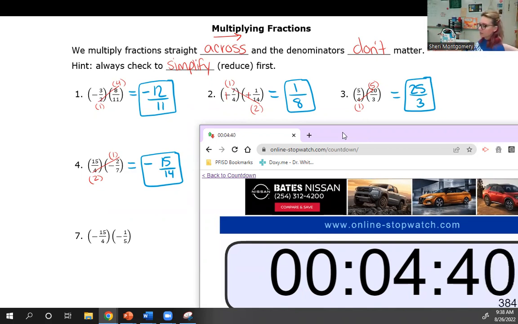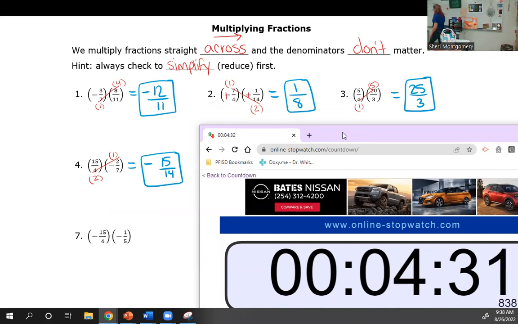Another thing you can do is just multiply straight across and then simplify at the end. That works too. One thing that you can do if reducing first is a struggle for you, just multiply straight across. So 2 times 4.